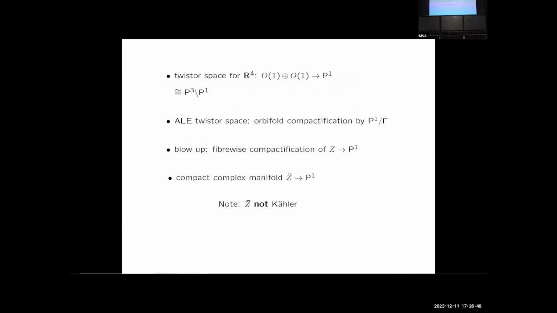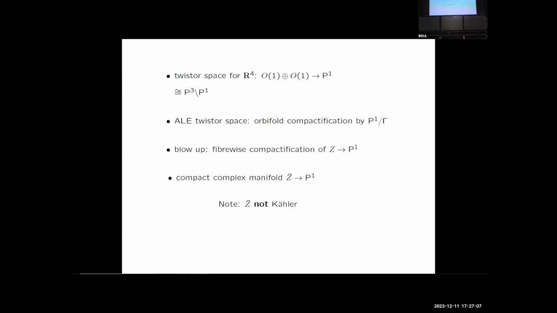And if we have an ALE twistor space, asymptotically locally Euclidean, then we can compactify that. Out at infinity, it looks like R^4 modulo gamma, and so its twistor space is going to look like this modulo gamma.